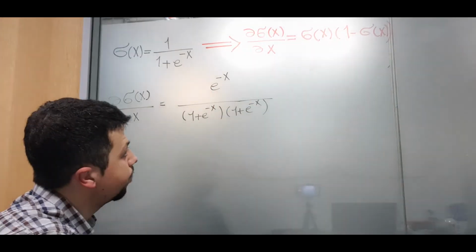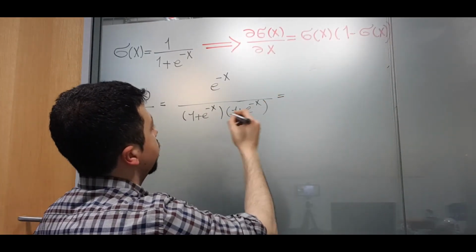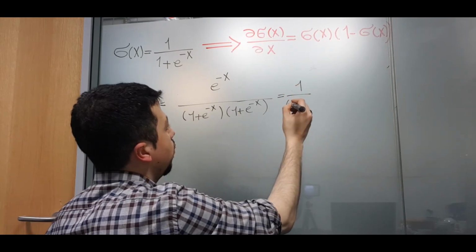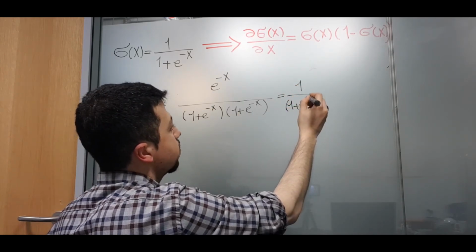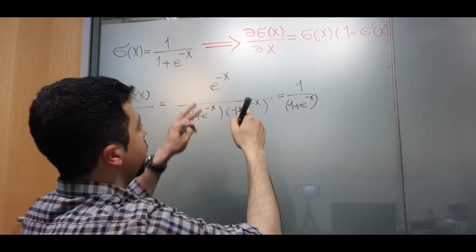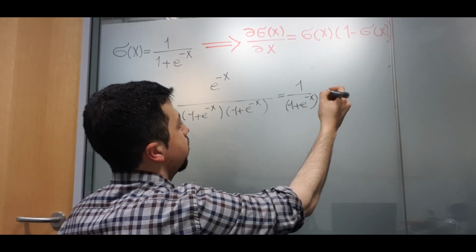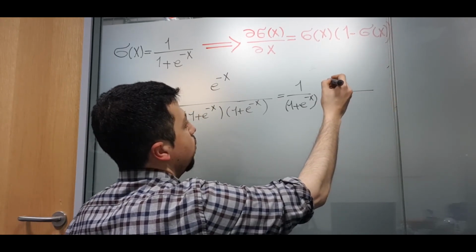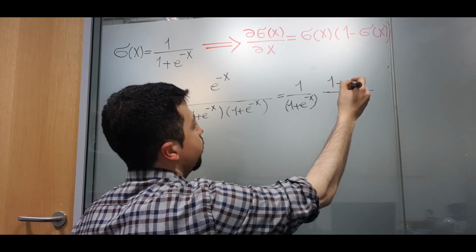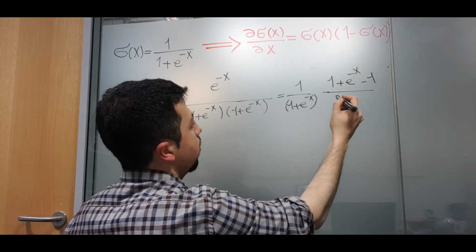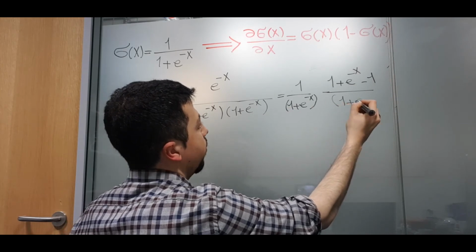And then we said that we could write this as 1 over 1 plus e to the power minus x, right? And then we said that the other part, we could say 1 plus e to the power minus x minus 1, again over 1 plus e to the power minus x.